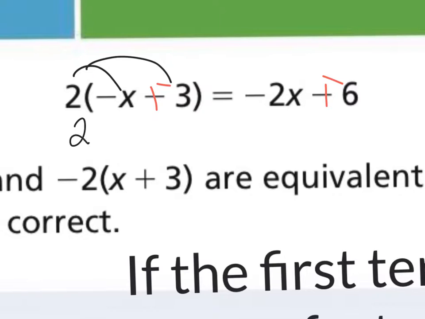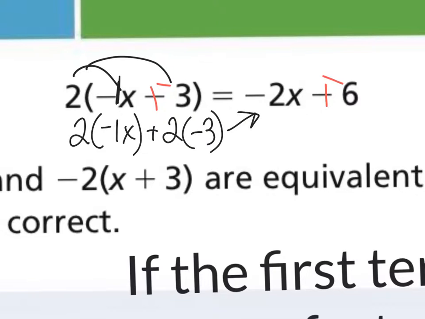And then when you distribute, you can put a 1 in front of that, so 2 times negative 1x plus 2 times negative 3, and that would be negative 2x plus negative 6. Is that the same as negative 2x minus 6? Well, if we add the opposite, that would be exactly the same. So Rodrigo looks to be correct. It's possible they're both correct. We'll just see here.